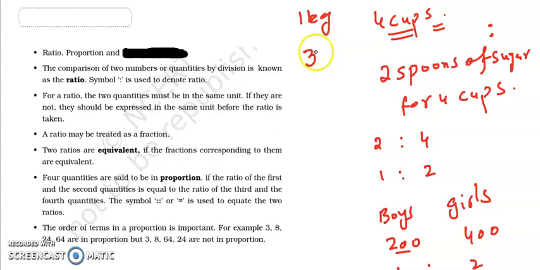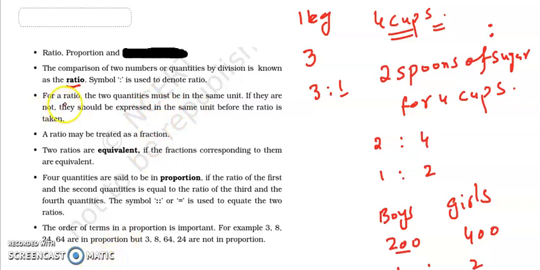This is just an example, I'm not telling an exact quantity. So I will say that the ratio is 3 ratio 1. Meaning for every 1 kg we will use 3 tablespoons salt. So this is a comparison between the two quantities. One is depending on the other. So we will say it mathematically as ratio.